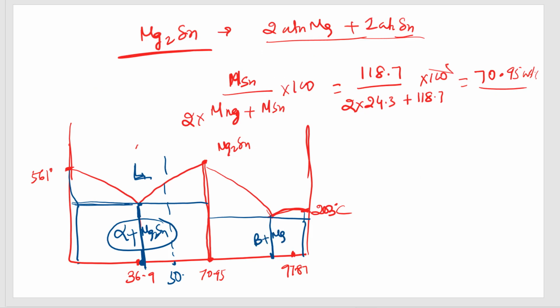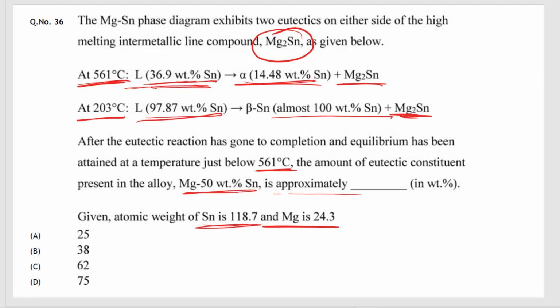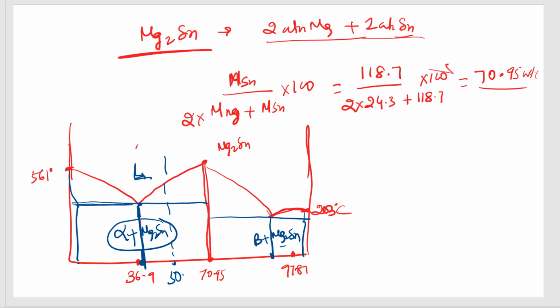Beta plus Mg2Sn, right? So in the question it is asked the amount of eutectic constituent present in the alloy Mg 58% Sn. So we are here, it has been asked for the left hand side case. Since the eutectic composition is to be known, we will take the tie line between point A and point B, and this is the point C at 58%.